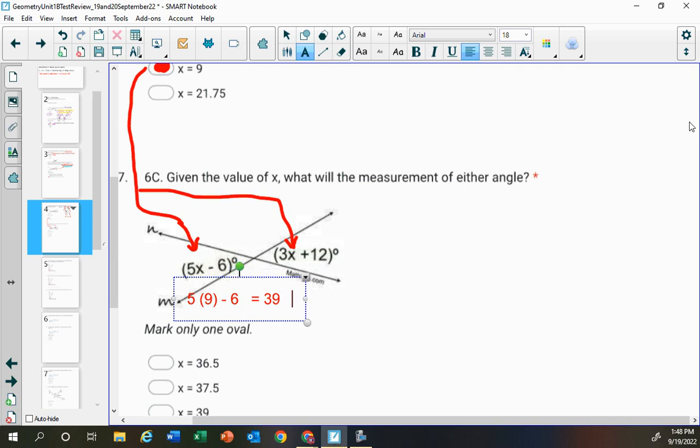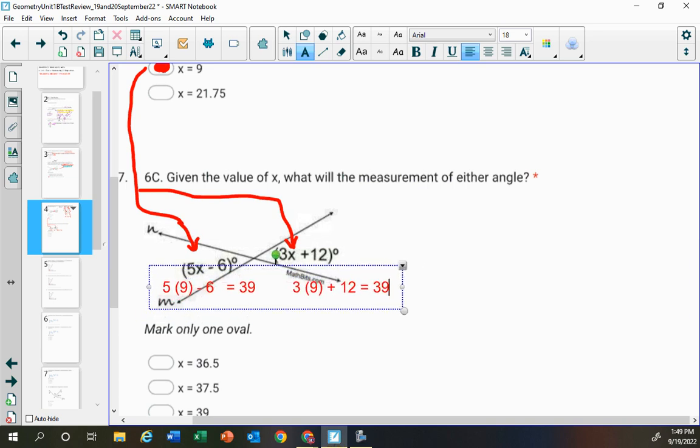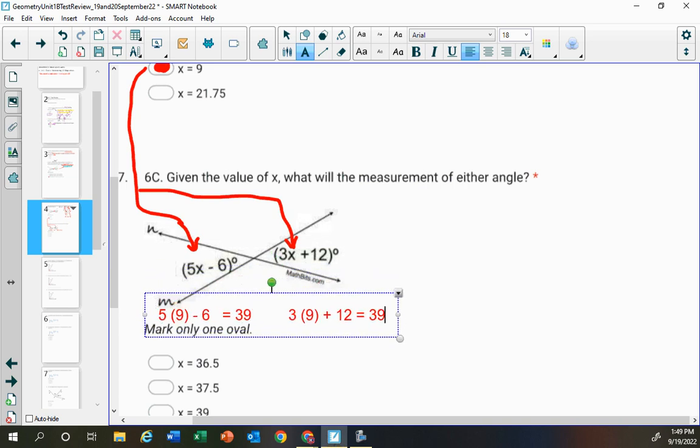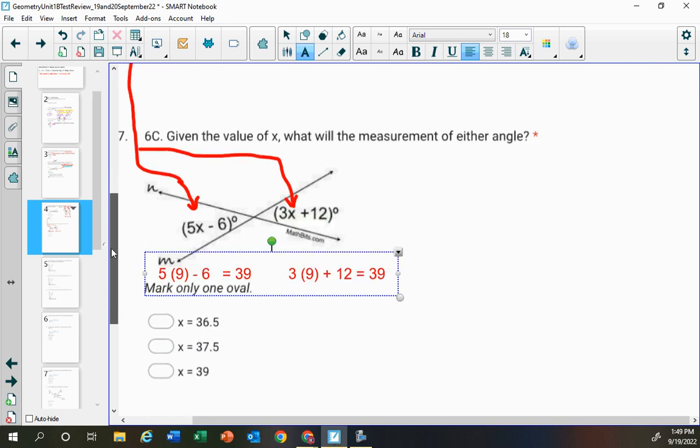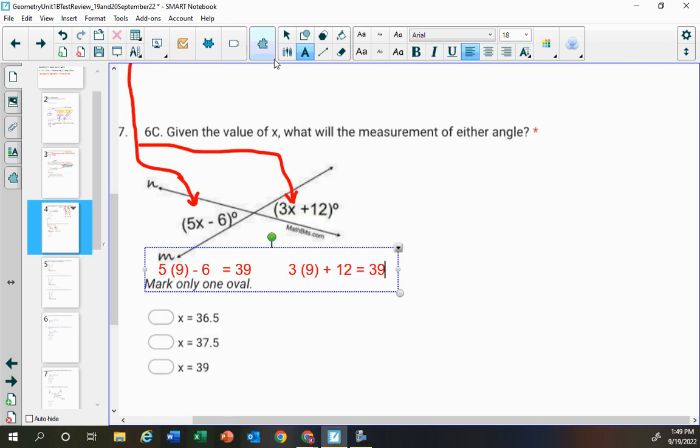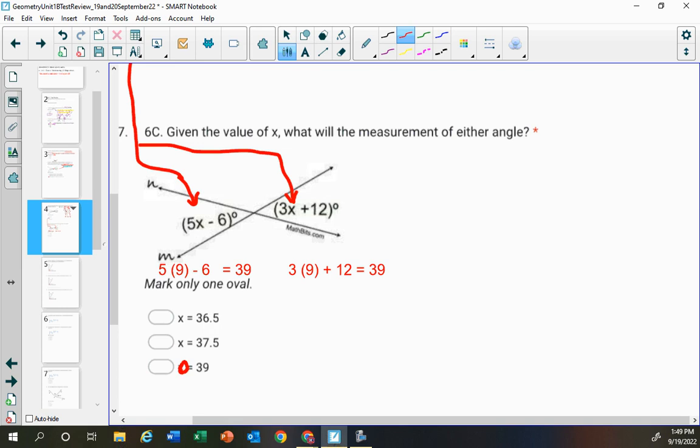You can also do 3 times 9 plus 12. You should also get 39. It should have just been the number. Don't worry about the x's. But if you just said 39, you would have been good. So on your test, you should not have x equals for this problem. So 39 is the correct answer.